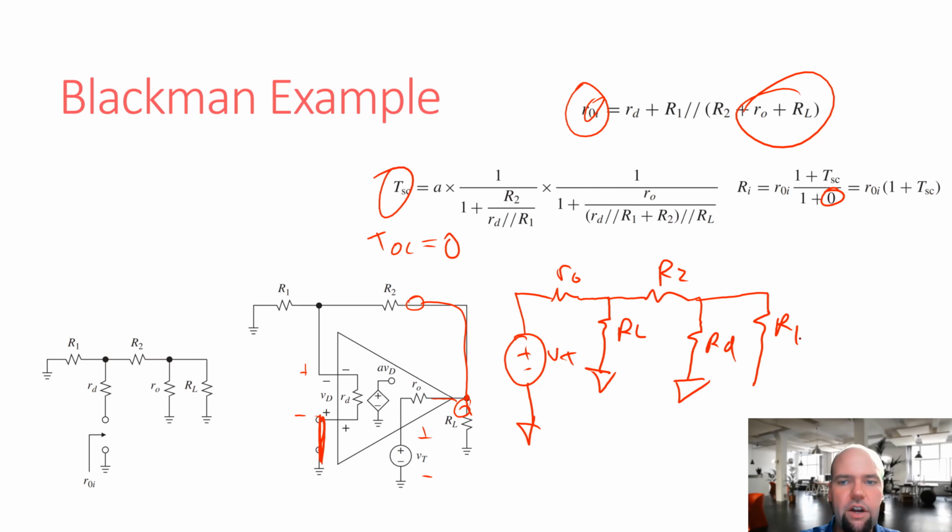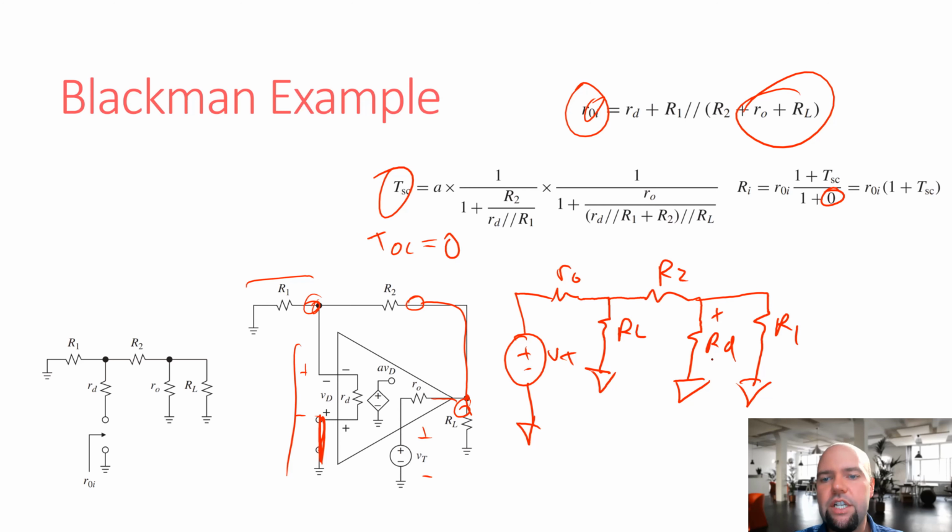Is R1 in parallel with RD? Yes, it is. Does the node that touches R1, R2, and RD exist? Yes, that node exists. So there are ways to check to make sure your equivalent circuit is the correct equivalent circuit.